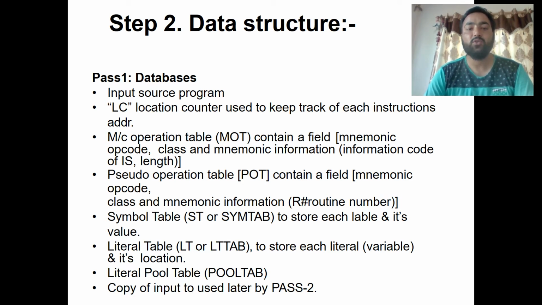Then a copy of the input to be used later by the pass two assembler. Then a copy of the data that is provided to various pseudo operation codes in the program, we hold them for pass 2 of the assembler.